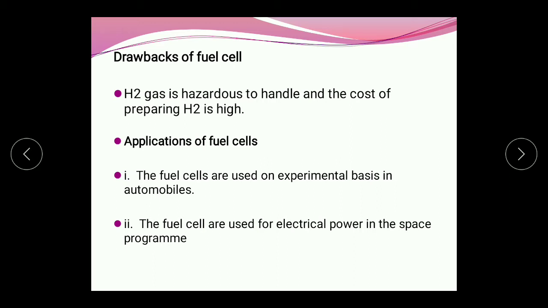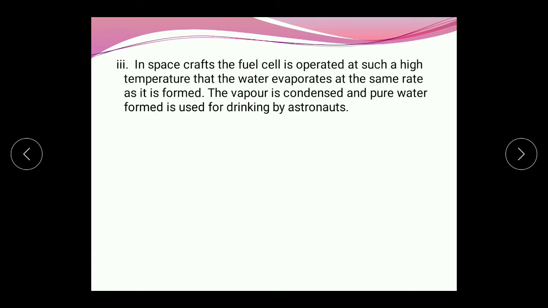That is a very important use of this cell, because fuel cells are non-polluting and they can be run continuously by supplying the reacting species. Hence, these are used for electrical supply in spacecrafts.